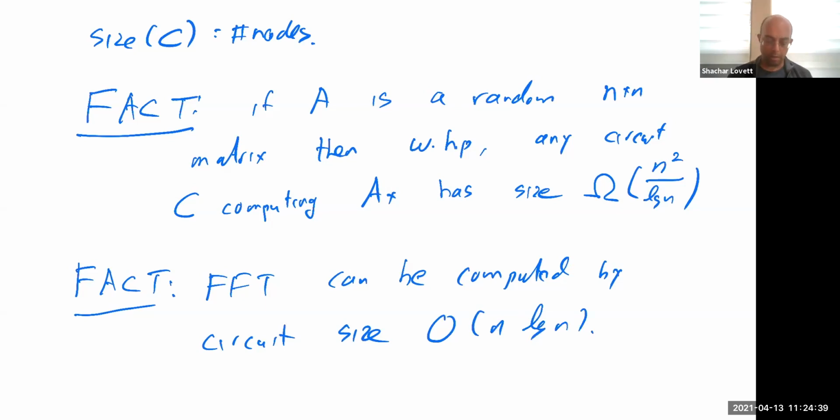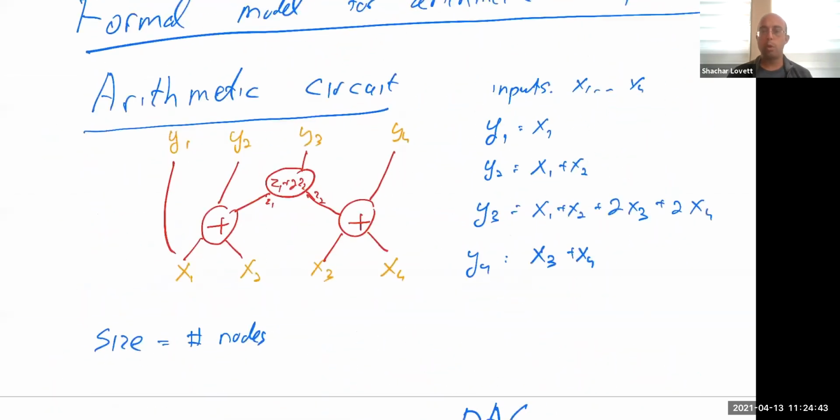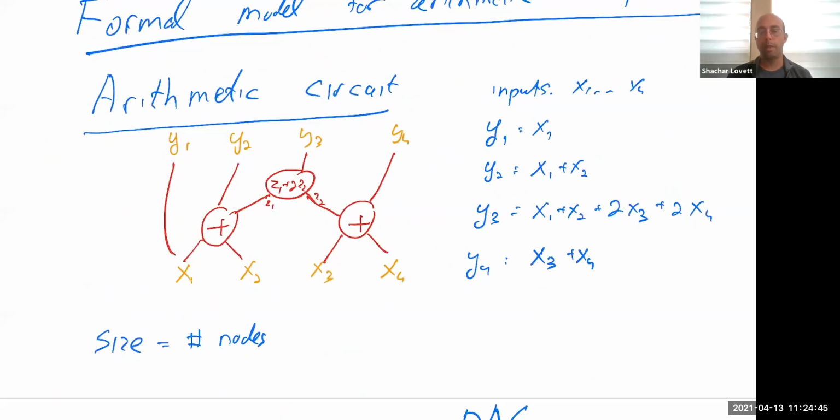By the way, another minor point: if we go back to this drawing of the circuit, usually when we measure sizes of graphs, we might sometimes care about counting edges rather than nodes. But notice here it doesn't make a difference because we're assuming every node has in-degree 2. So the number of nodes and edges are the same up to a factor of 2, so up to constants they are the same. It doesn't really matter if we count nodes or edges. Right? So just a small minor point.